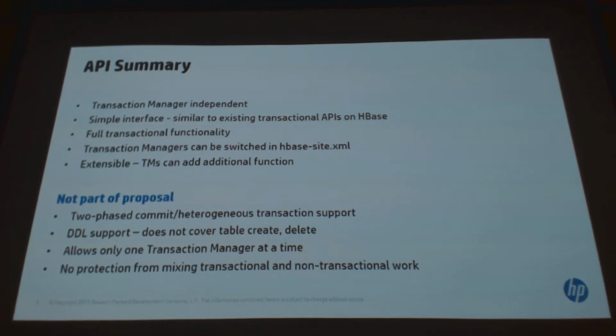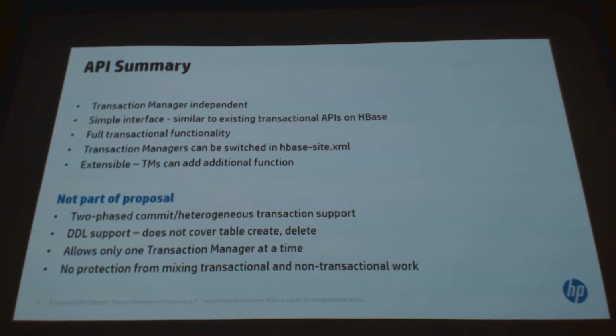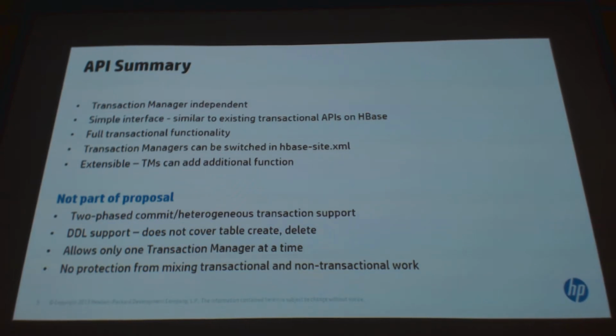It needs to be simple and as much as possible similar to the existing transactional APIs that people already have implemented out there on HBase. And the rationale behind that was to make it easy to fit into the existing models that are there. And of course, we wanted to be able to switch transaction managers through properties.